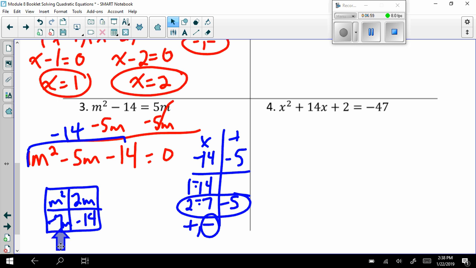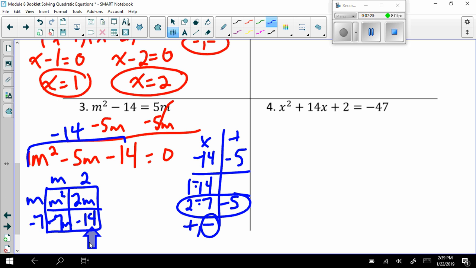So m squared and negative 7m has just an m in common. Looking at this column here, 2m and negative 14 has a 2 in common. Looking at this row here, m squared and 2m just has an m in common. And then here, 7m and 14 has a 7 in common. Because this box is negative, that's going to be negative.